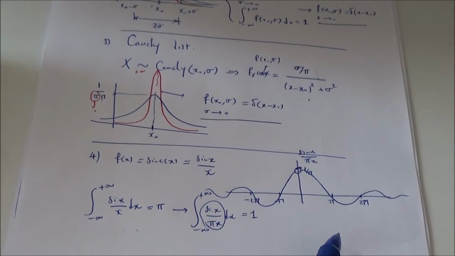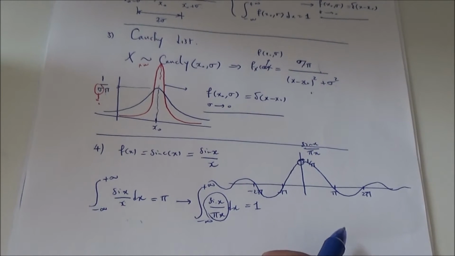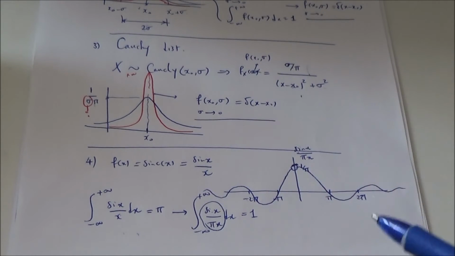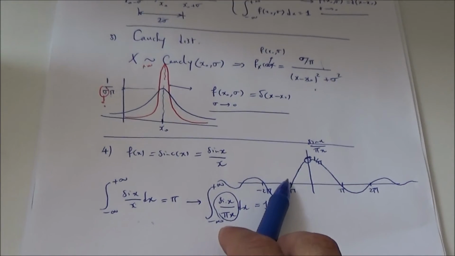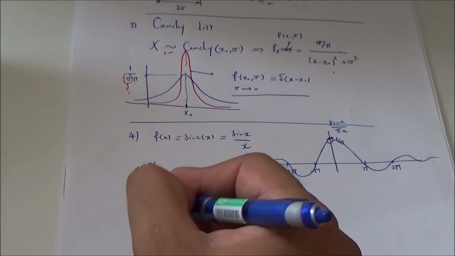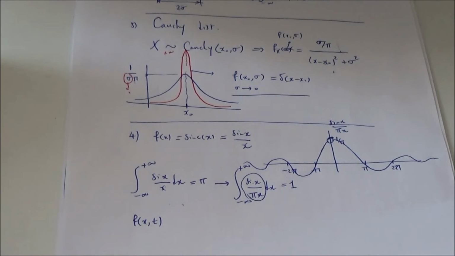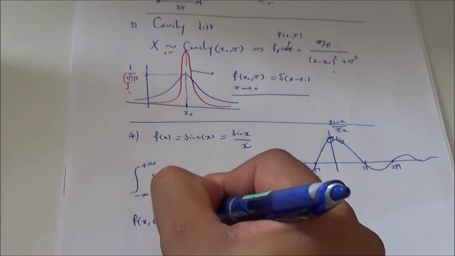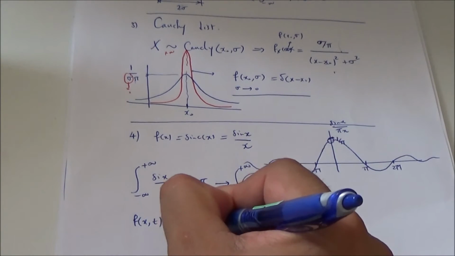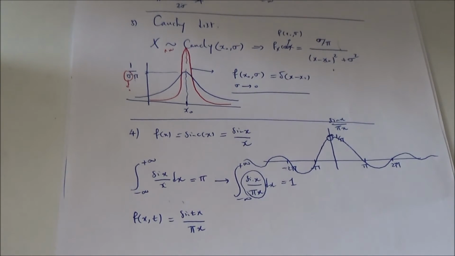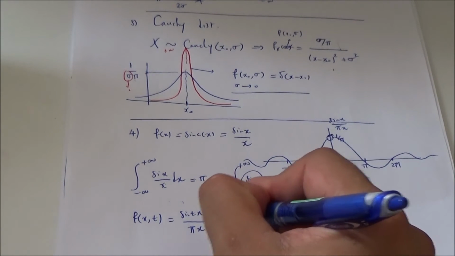But now I will add another parameter to this function, and I will define a function f of x and t like sine of tx over pi x for positive t.